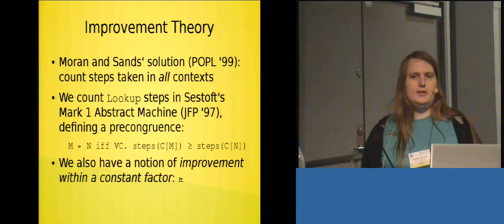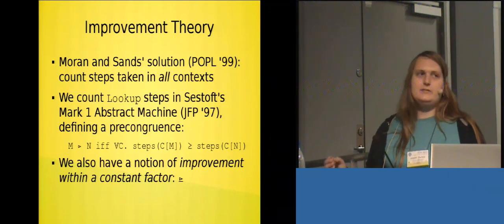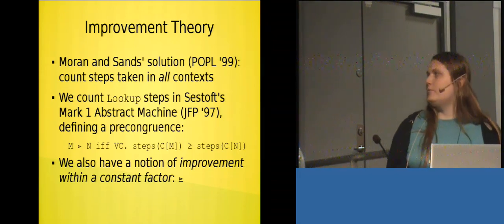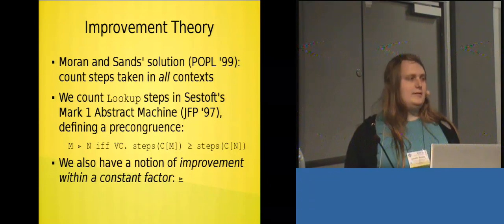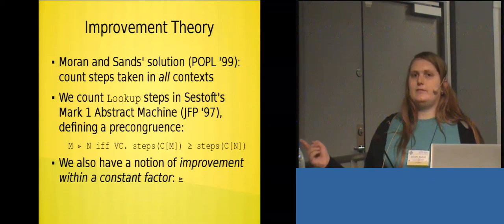So this improved relation is an at-least property, which basically means N is at least as good as M in all situations. We also have this notion of improving with a constant factor, which is basically that, but with a linear function on the right-hand side.